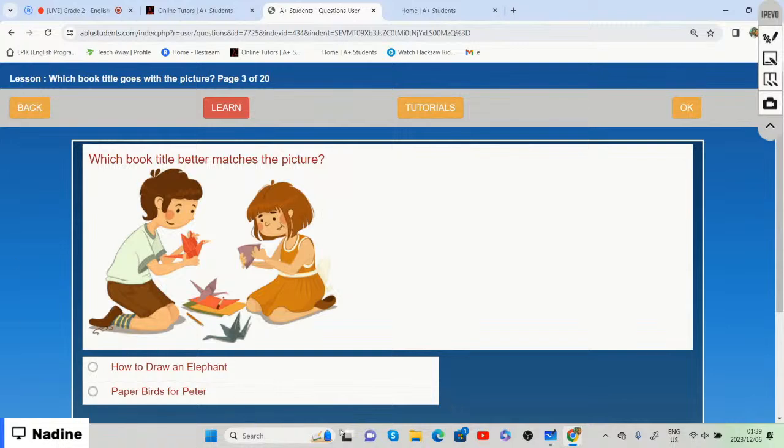So if we look at this picture, is it how to draw an elephant? Or paper birds for Peter? Paper birds for Peter. So we need to say which one is correct.